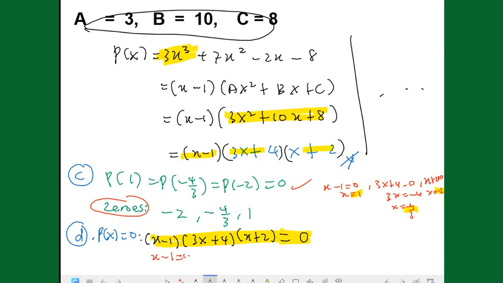Kalau nak polite lagi macam ni lah. Nak baik lagi kan. Okay, tertib. So x is equal to 1, x equals negative 4/3, x equals negative 2. This is roots.